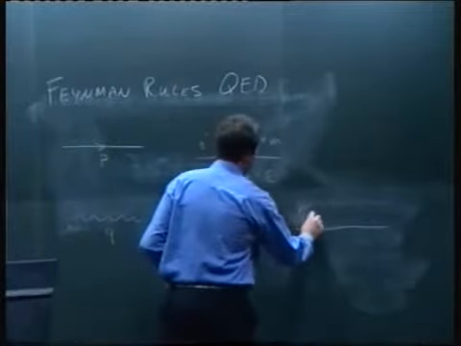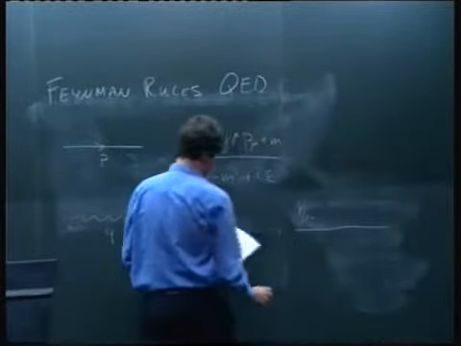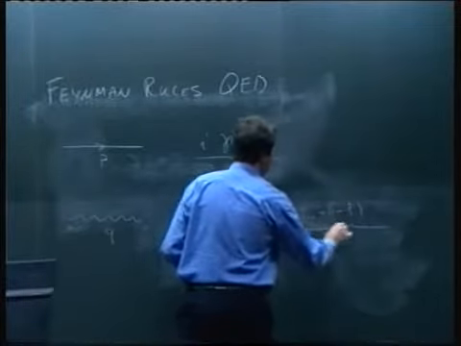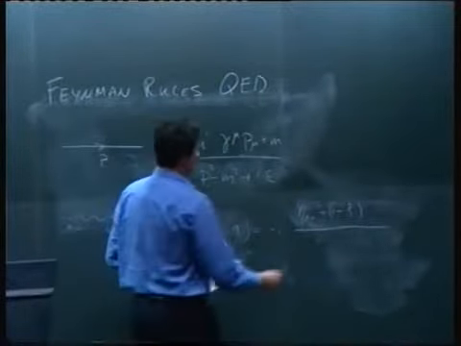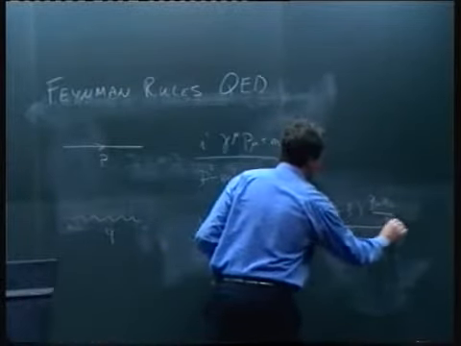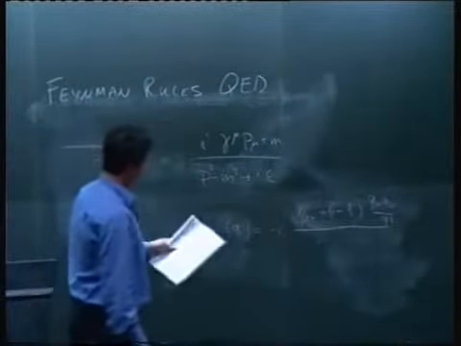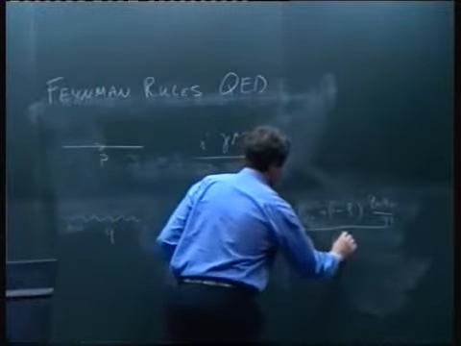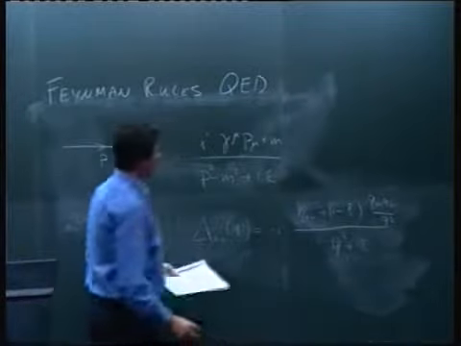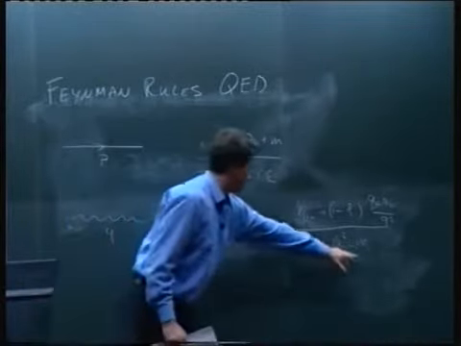In the numerator I have the metric g mu nu, plus a term that involves this parameter psi, q mu q nu divided by q squared. And then here we have one over q squared plus i epsilon.